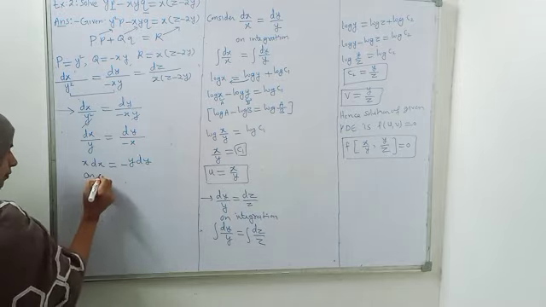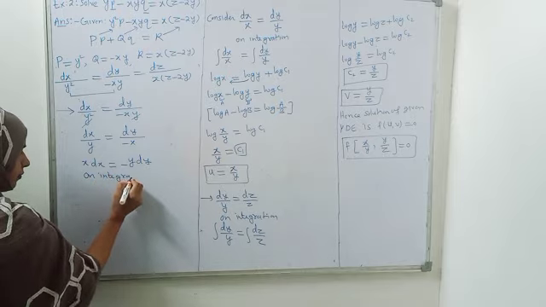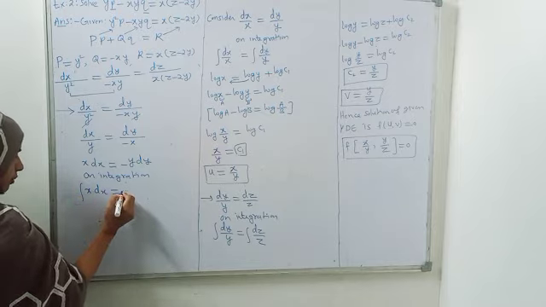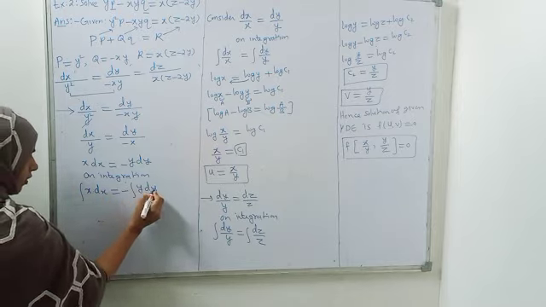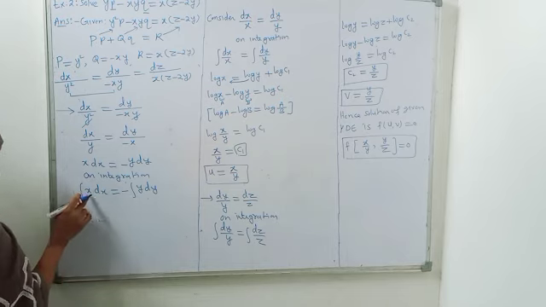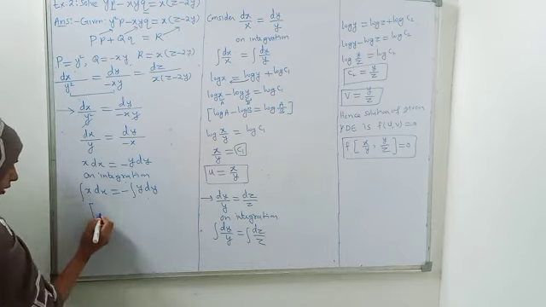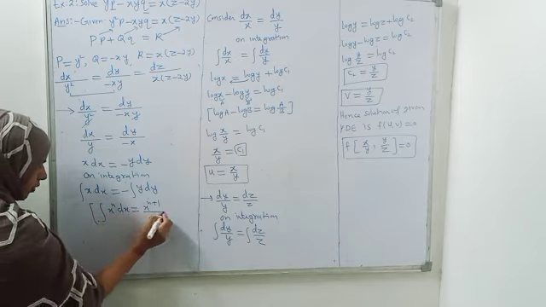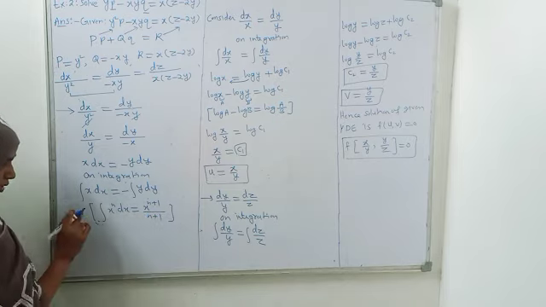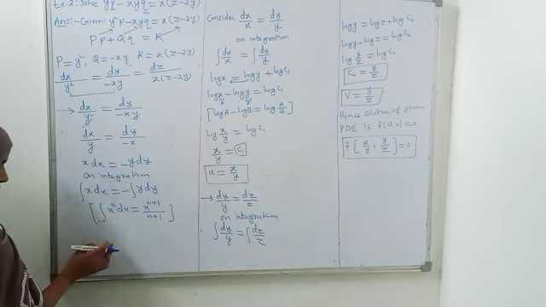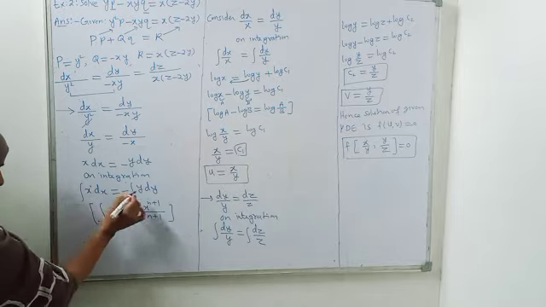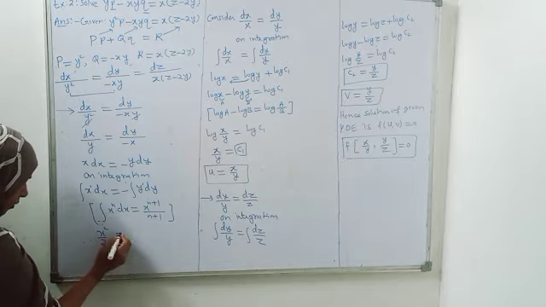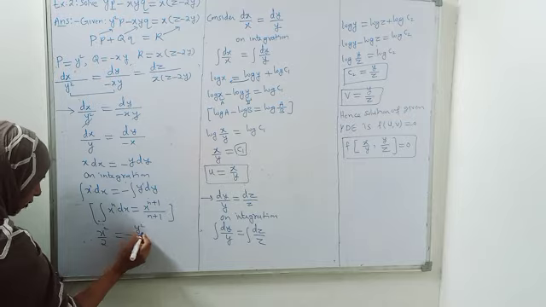Now integration. On integration, x dx is equal to minus y dy. For the integration of x dx and y dy, use the formula integration of x raised to n dx is x to the power n plus 1 upon n plus 1, for both. Both have power 1, so x dx integrates to x square by 2, and y dy integrates to y square by 2.